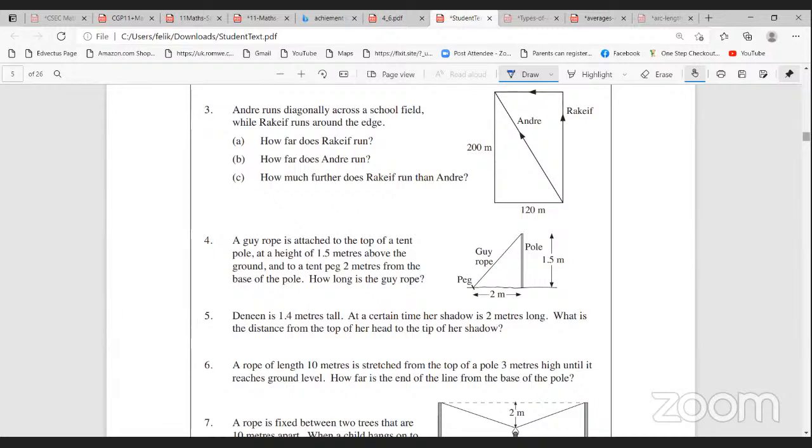All right, what formula are you going to use? The Pythagoras one. Yes, so go ahead and write that down for me. X squared plus x squared equals.